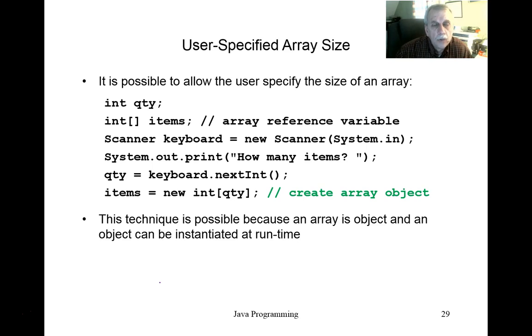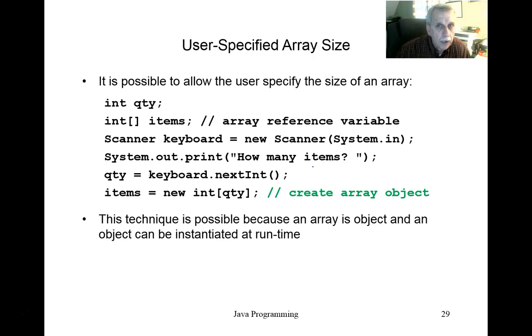Another point to consider with arrays is that when we declare an array, it is instantiated effectively at runtime, because an array is an object. This yields a great deal of flexibility to us. For example, we could ask the user to enter a value that says the number of elements they wish to have within the array.